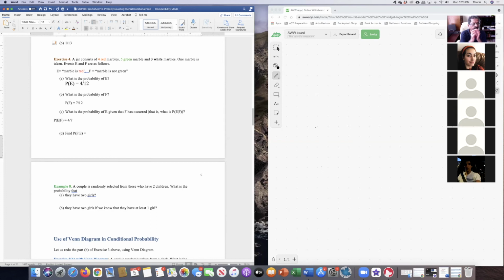No, you have to think a little bit further from the numbers. E has already occurred. What's the meaning of that? The marble is red. So it's already not green, right? Yes. That means F has occurred already. If E has occurred, F has occurred. So the probability is 1.